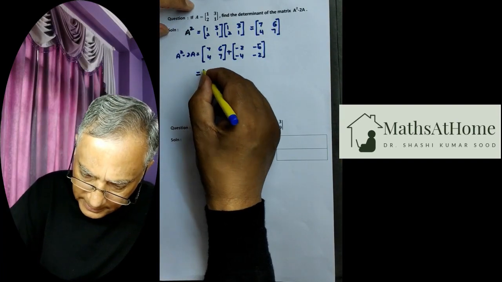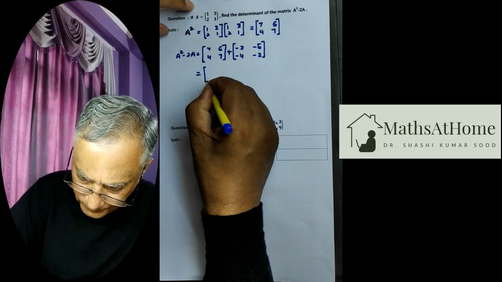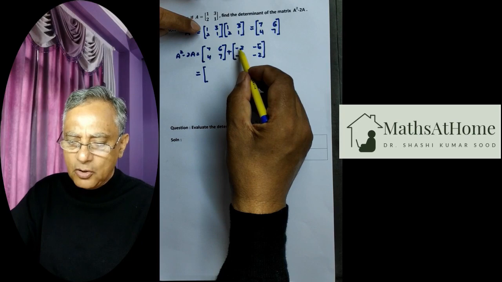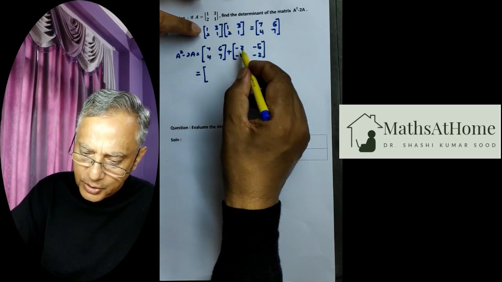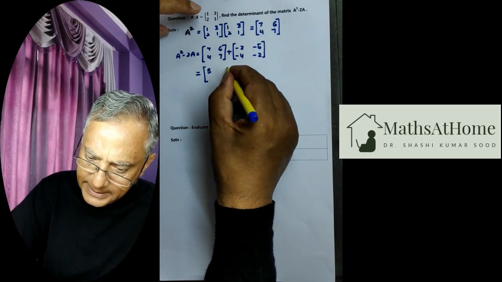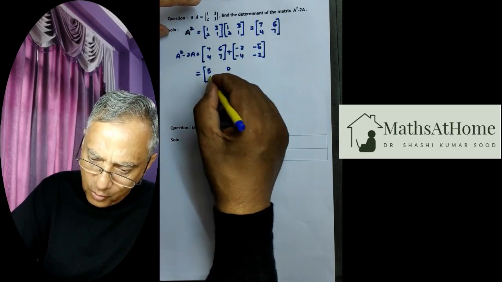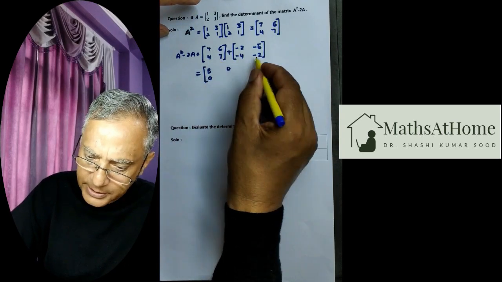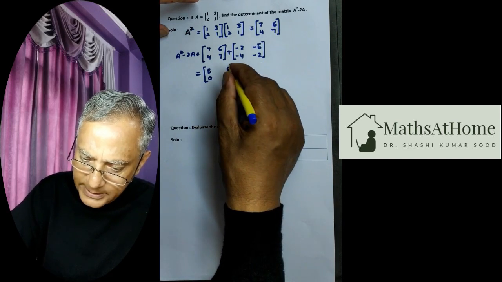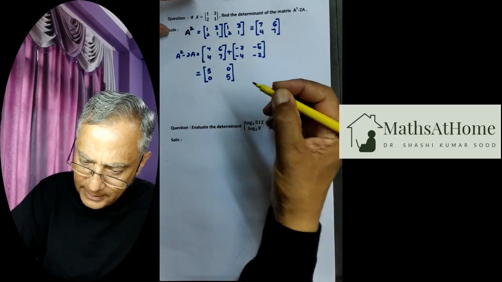Now we will add the corresponding entries. So 7 minus 2 is 5. 6 minus 6 is 0. 4 minus 4 is 0. 7 minus 2 is 5.